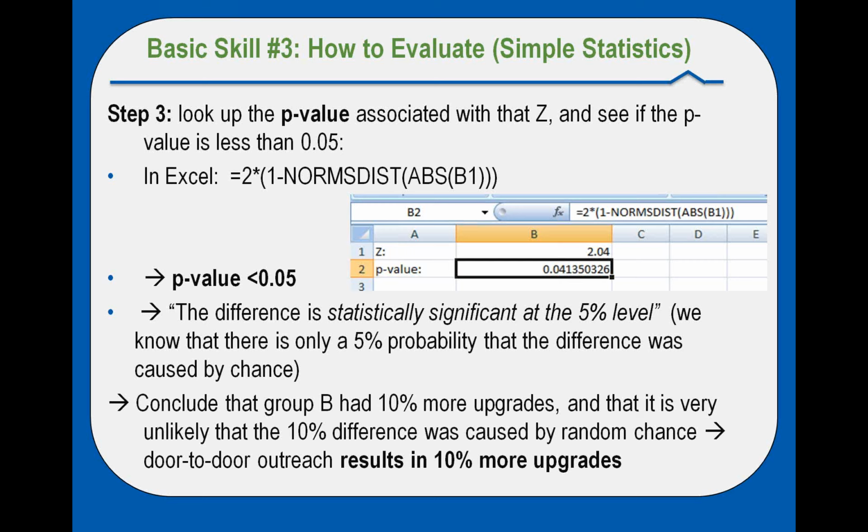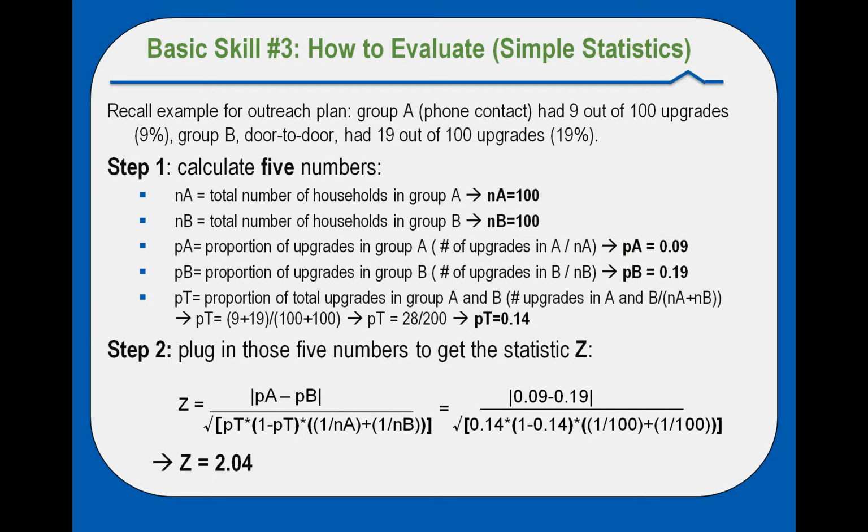Obviously, if you thought that the difference between those two groups was going to be much larger, so let's say that you thought that you were going to get a 50% increase in the number of upgrades with group B than group A, then you could have a smaller number of people. And you can go back to the Z statistic, and you can see where those numbers come in.